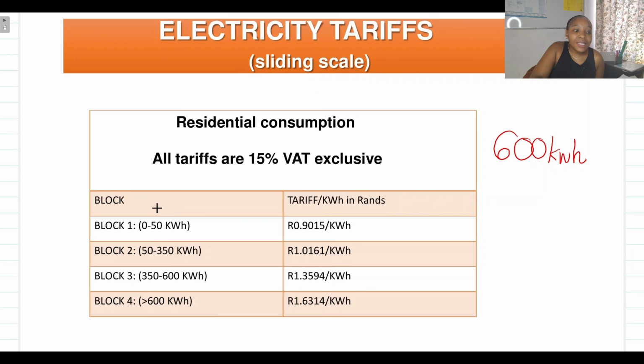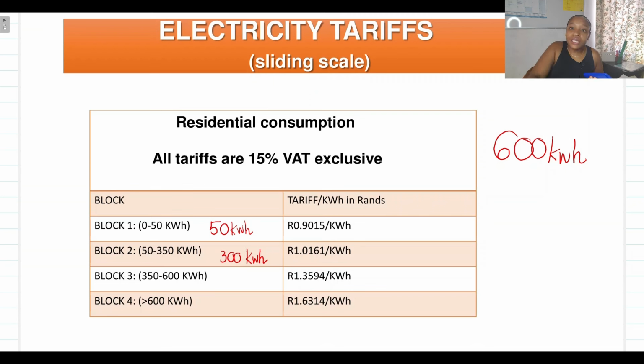What is the maximum amount of units that can be consumed in the first block? It is 50 kilowatt hours. What is the maximum amount of units that can be consumed in the second block? We take the 350 and minus the 50. It is 300 kilowatt hours. If you add 50 and 300, you've got 350 kilowatt hours of electricity.